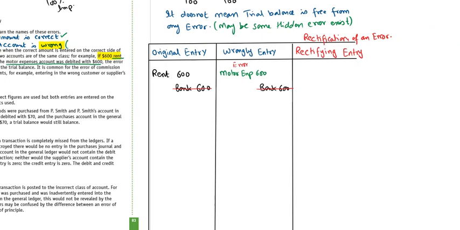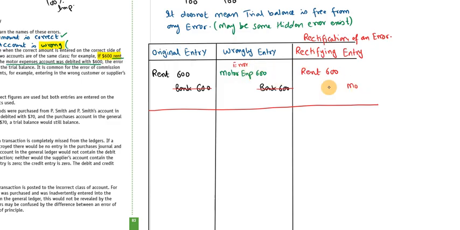So what will be the rectifying entry? In the rectifying entry, rent should be debited, so we debit the rent account by 600. And to nullify the effect of the wrong debit, the motor expense should be credited.